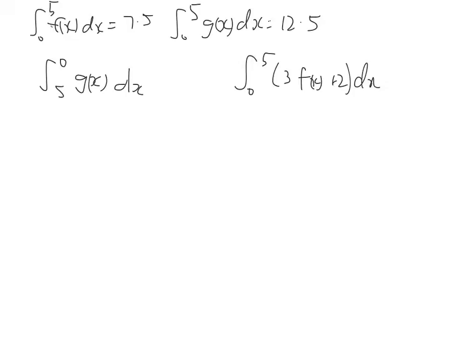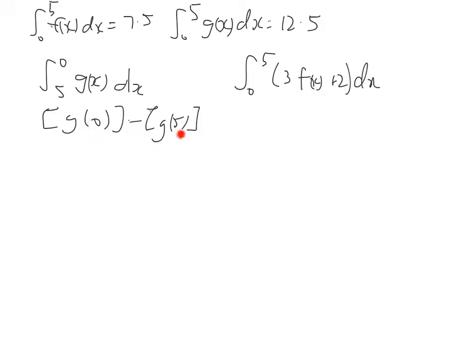And now, normally if we anti-differentiate, we'll have our g of 0 minus g of 5. Normally this will be 5 minus 0 here. But instead we've got 0 minus 5.